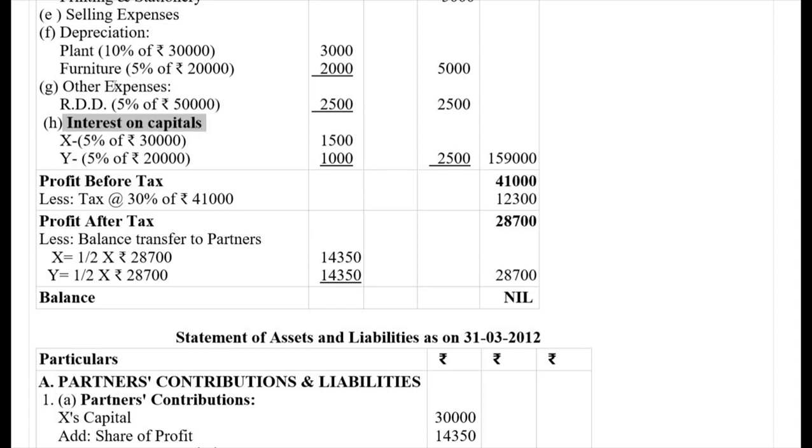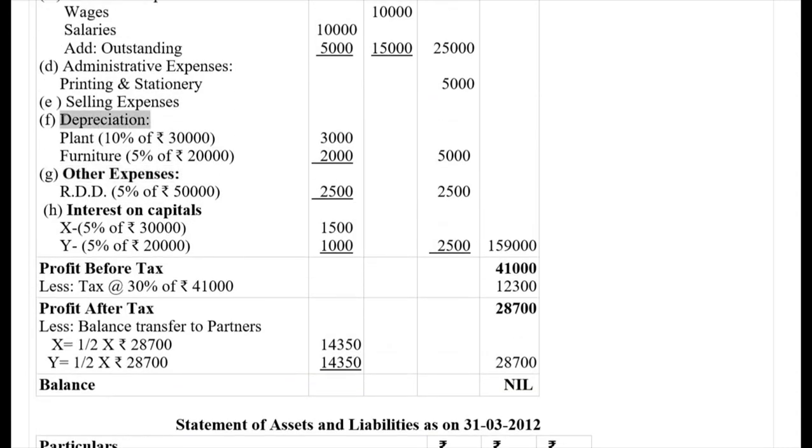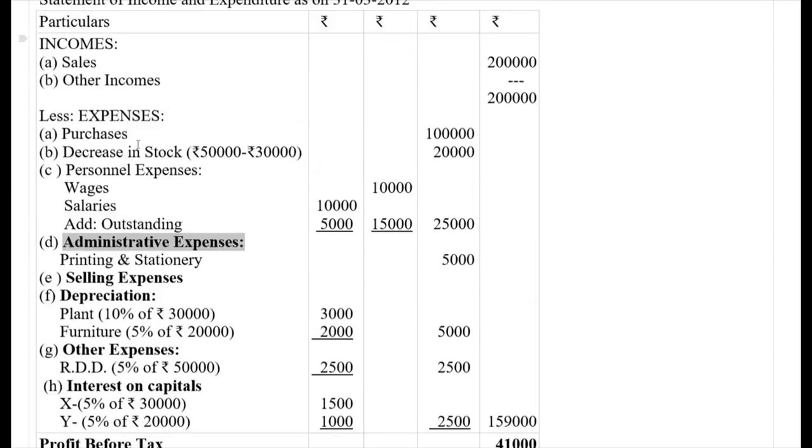Because whenever there is a profit, such an LLP is required to pay tax as per the Income Tax Act. So the rate of tax will be 30% in such a case, which is to be compulsorily paid here. So it is advisable to take the tax rate at 30%, even though in the problem it is not given. Whenever you find PBT, of course if the PBT itself is 0, then we need not take.